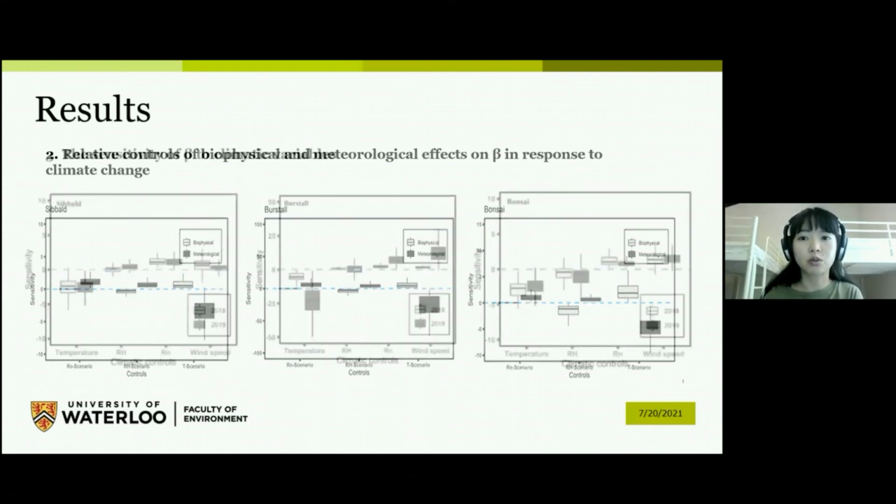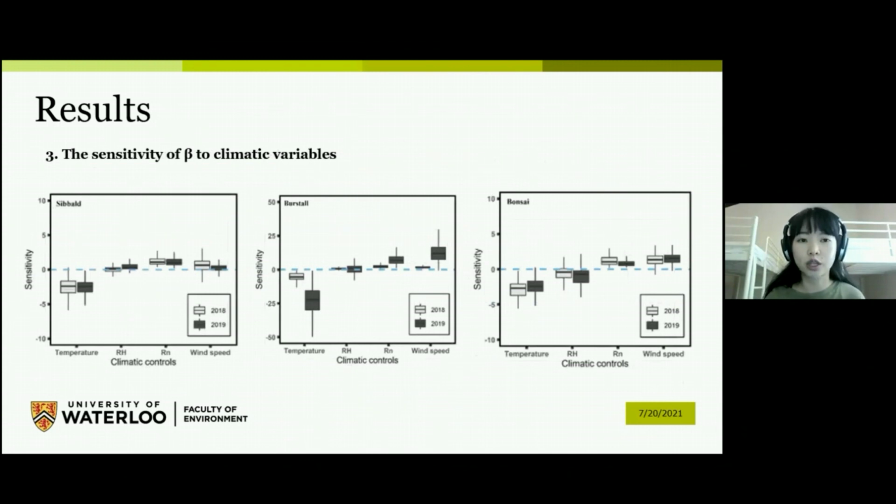And since the meteorological control is more important, we look at which climate variables are the most important in regulating the surface energy partitioning. We found that the Bowen ratio is more sensitive to temperature than to the net radiation.